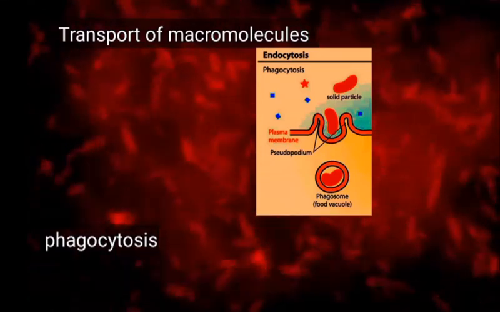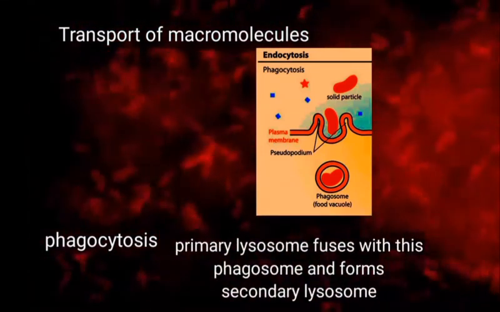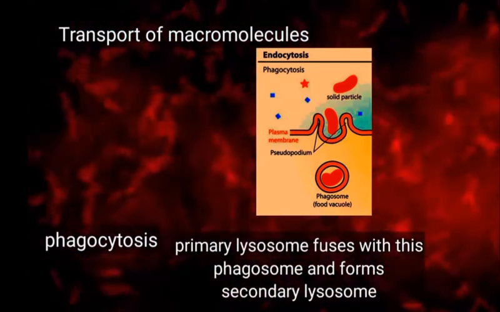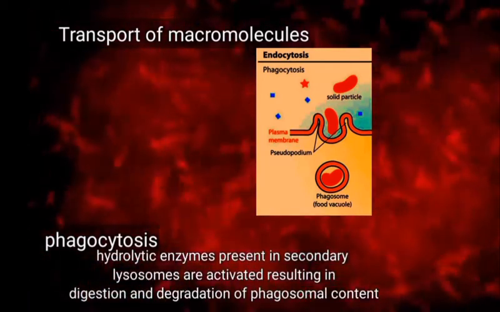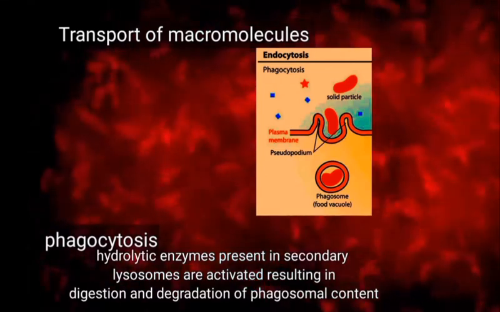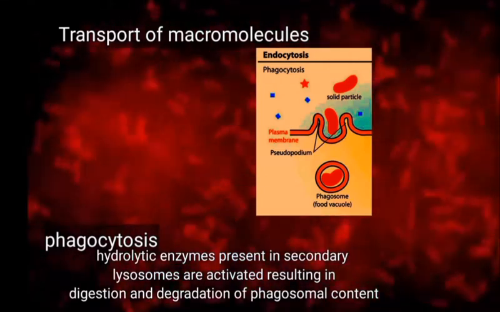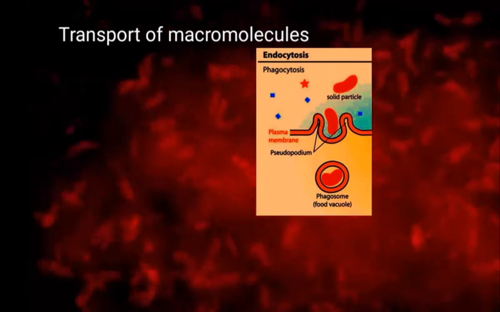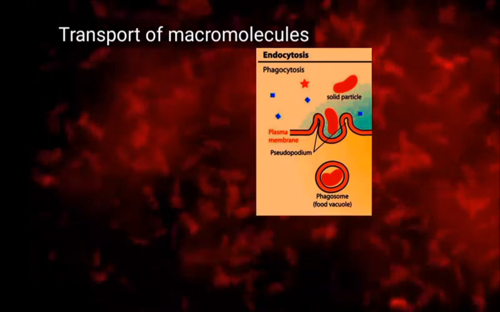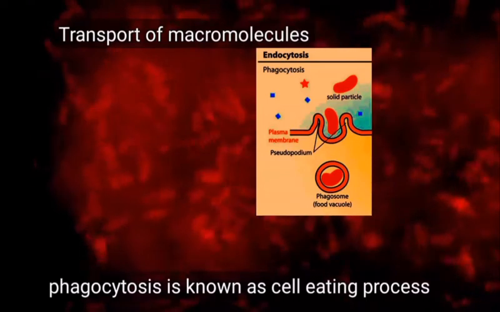The primary lysosome fuses with the phagosome and forms a secondary lysosome. Hydrolytic enzymes present in the secondary lysosome are activated, resulting in digestion and degradation of the phagosomal content. In this way, the cell eats larger bacteria, larger antigens and other foreign bodies. That's why it is also known as the cell-eating process.